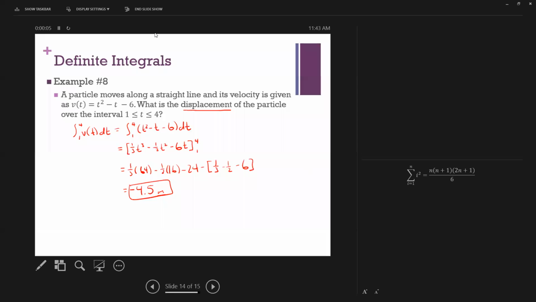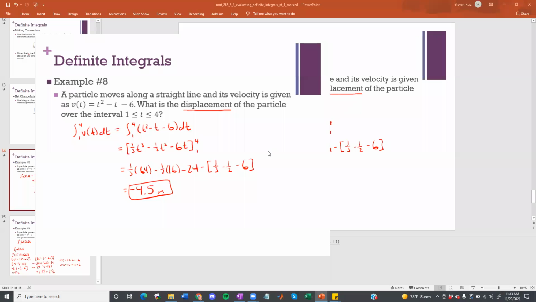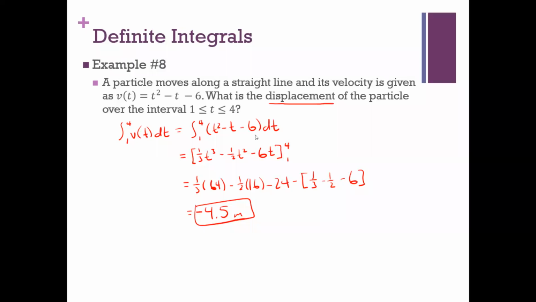Basically, the displacement tells you the difference in those two areas, if we think about this in terms of area. So I'm wondering where the mistake is, because from the displacement, I would have expected those two areas to be off by 4.5.